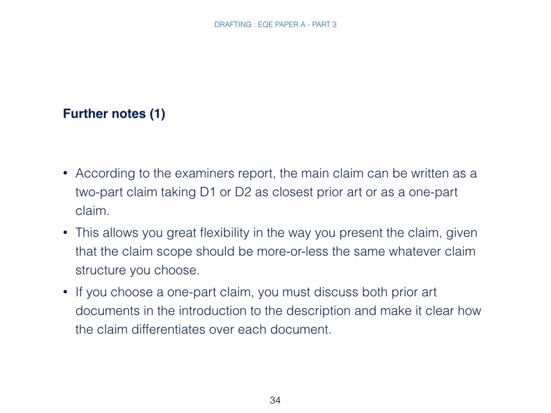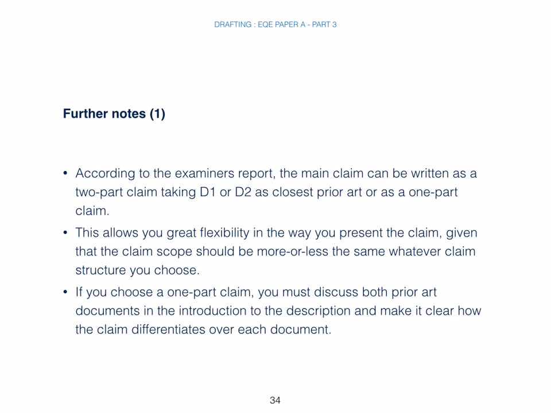However, whatever structure you choose, the claim scope should be more or less the same. Note that if you choose a one-part claim, you must discuss both prior art documents D1 and D2 in the introduction to the description, and you have to make it clear how the claim differentiates over each document.